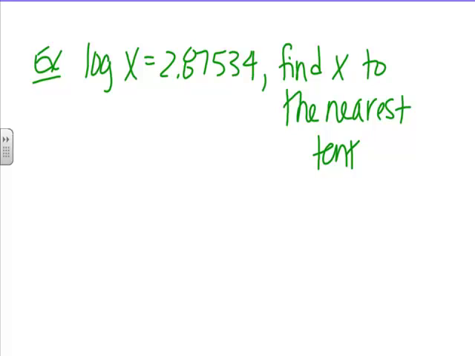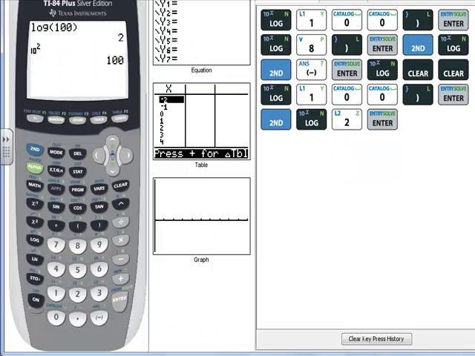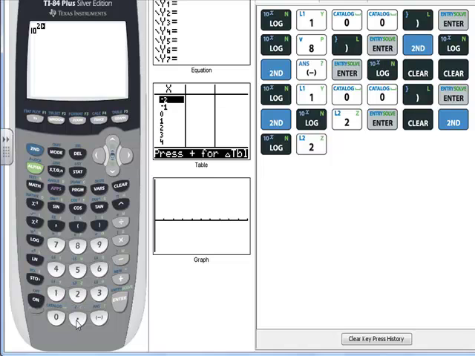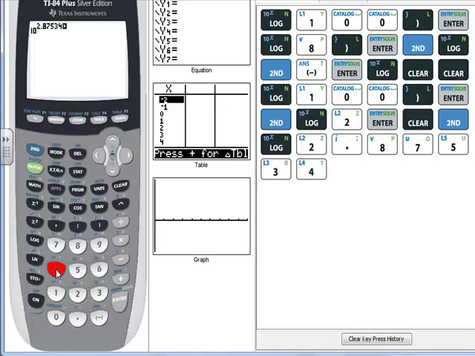This is a situation where we are finding the anti-logarithm, because this thing right here is the anti-logarithm. If it instead said, like, find the log of 2.87534, we would just hit log and put the number in. But since we're looking for this thing in this position, what we're going to do on our calculator is hit second log, because I'm trying to find the anti-logarithm, and type in 2.87534, and hit enter.